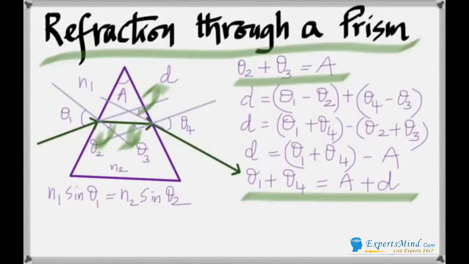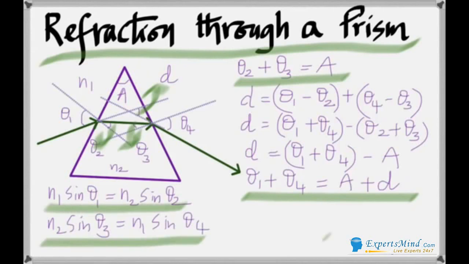N2 sine theta 3 is equal to N1 sine theta 4. So whenever you apply Snell's law, no cramming will work. You have to think about what is the material, what is its refractive index, and the sine of the angle inside that. With these, we can do any problems to do with prisms.